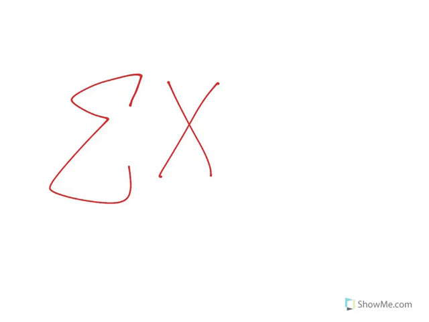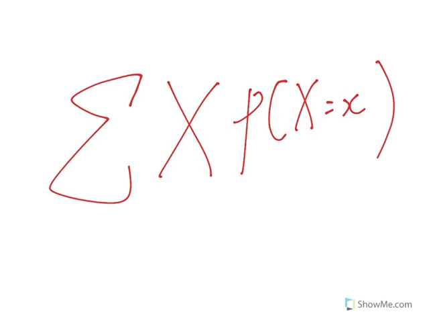Remember, EX is just based on the formula. All I need to do is this formula: summation of x with the probability that X equals x. So it's 1 plus 2, and so on.